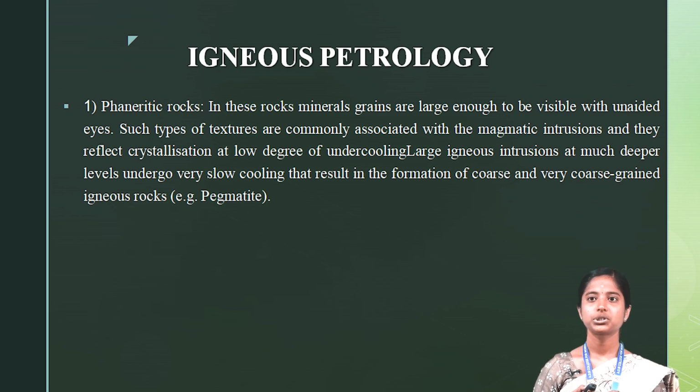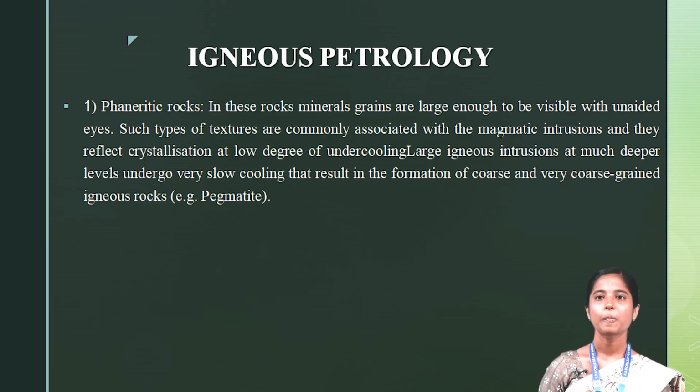Large igneous intrusions at much deeper levels undergo very slow cooling that results in the formation of coarse and very coarse-grained igneous rock. A very good example for this is pegmatite.